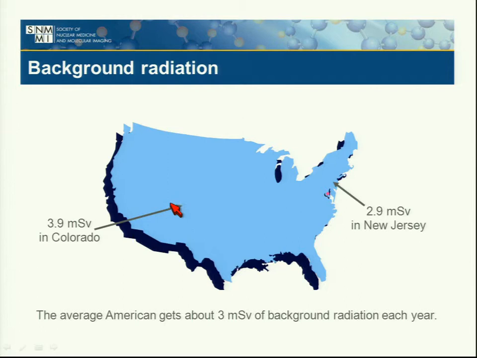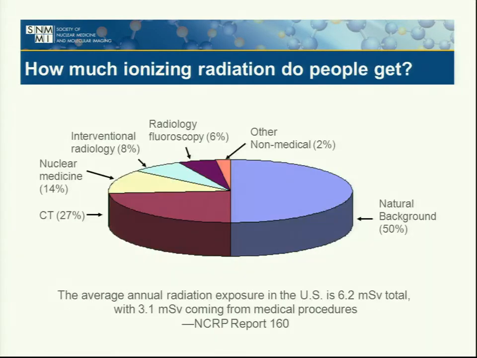If you live in the mountains in Colorado, you get slightly more because the dirt tends to have a little more radiation and you're higher up, so you get a little more from outer space than if you live in New Jersey. Not too much different, but on that order. So you could say 3 to 4 millisieverts is what someone gets every year, from nothing that has to do with medical imaging or anything.